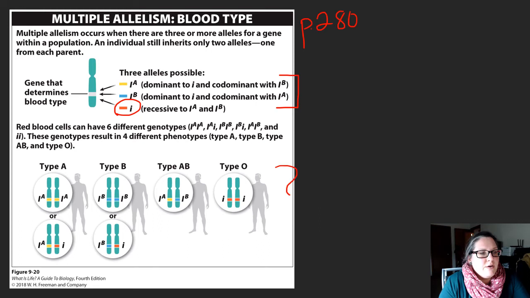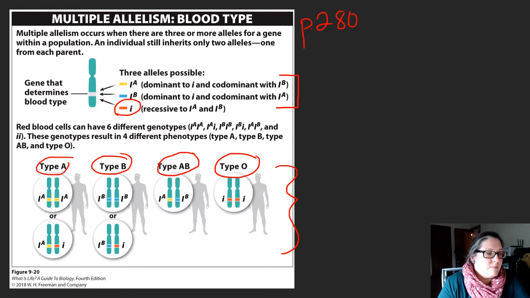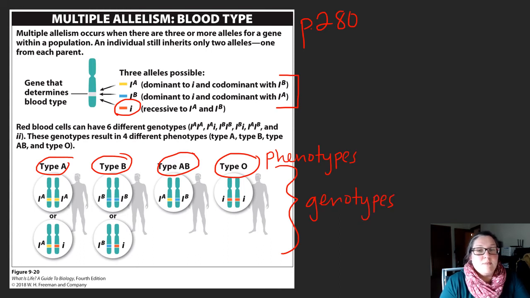This image gives us a nice idea of what the multiple allelism looks like when we have two together in individuals. And of course we can see their genotypes. The phenotypes are the four different blood types. But these down here are their genotypes. Remember, genotype is about the genes. Phenotype is what is physically expressed.